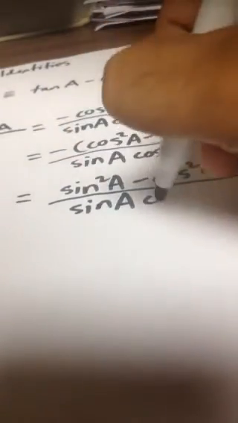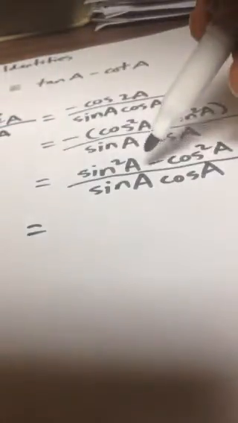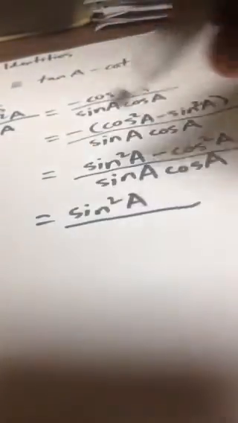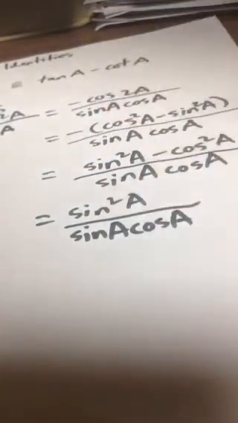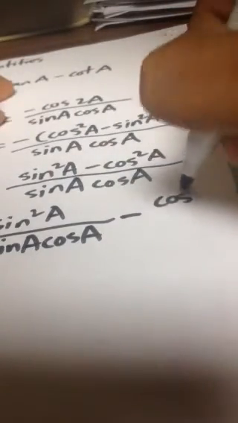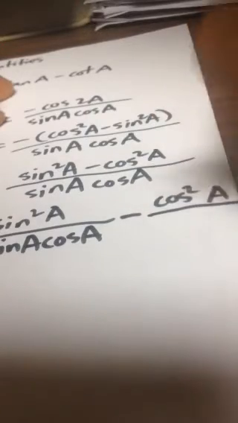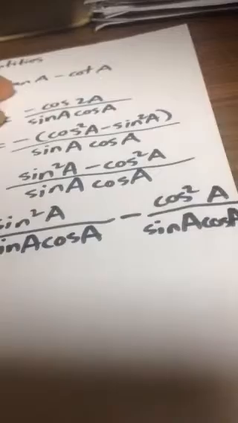And now we see how we can split this single fraction. So I have sine squared A over sine A cos A, minus cos squared A over sine A cos A.